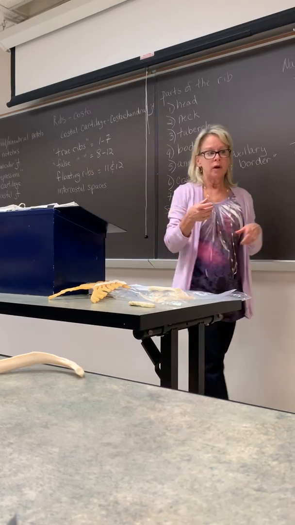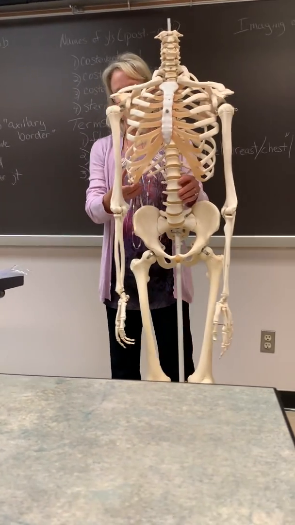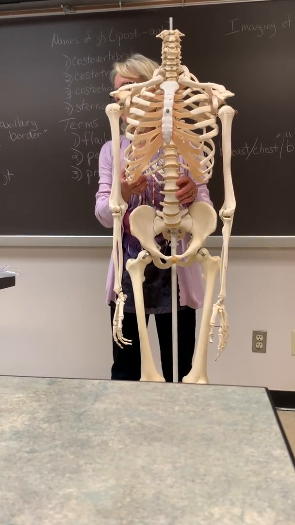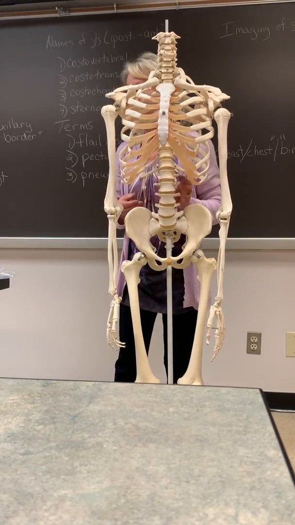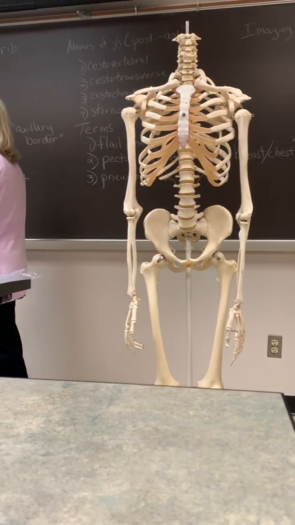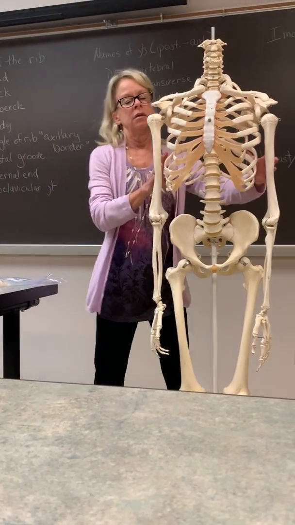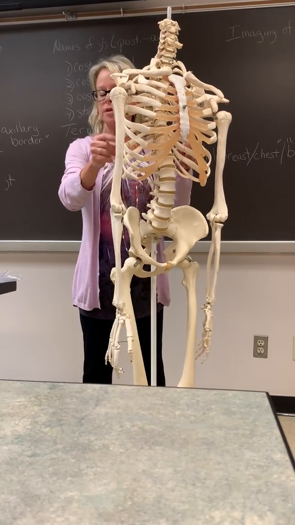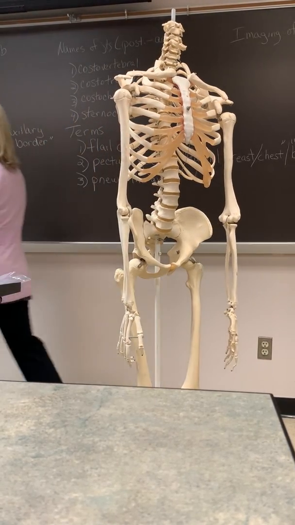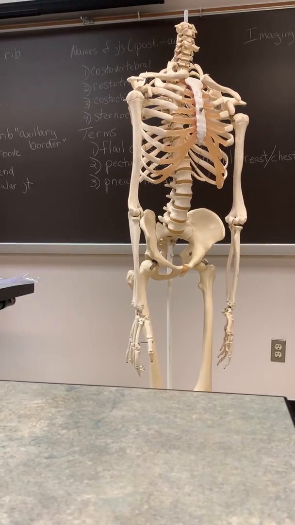Okay, 11 and 12, they call them floating ribs because they don't attach to anything anteriorly. So they call them floating ribs. The spaces between the ribs, we just call those the intercostal spaces.